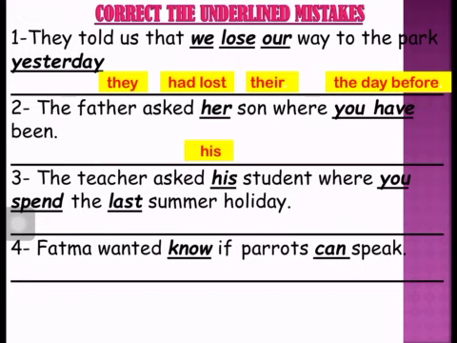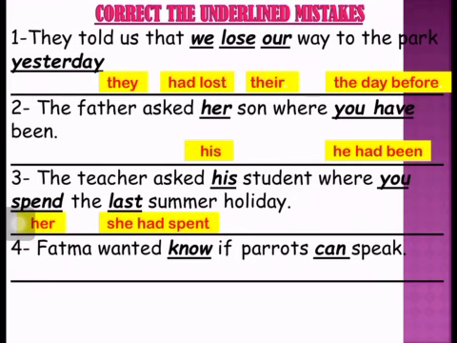So you, according to his son, so he had been. 3, the teacher asked his student, where you spent the last summer holiday? It's a question as well. So the teacher asked her student where she, and also here it is in the past, simple past, so it changes into had spent, past perfect, and last changes into the previous.